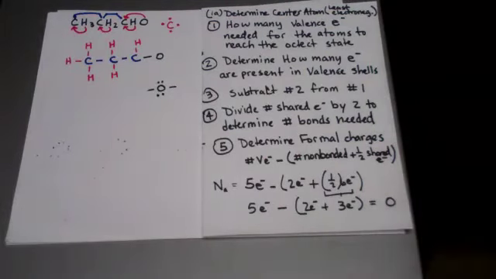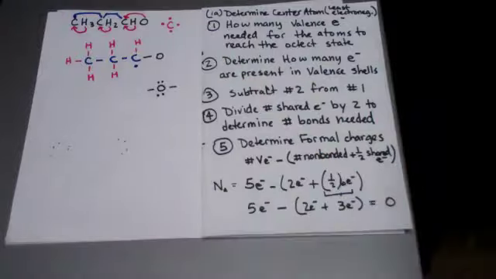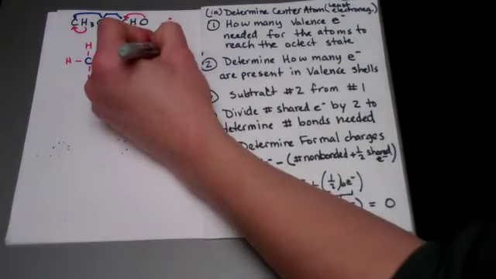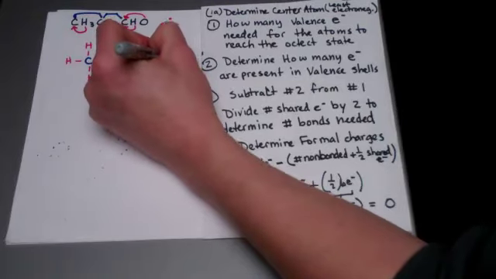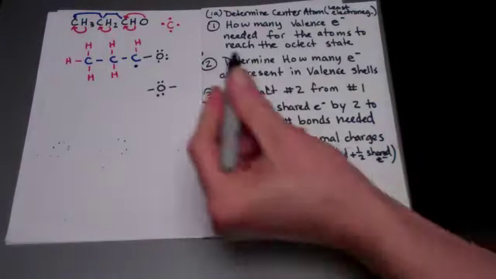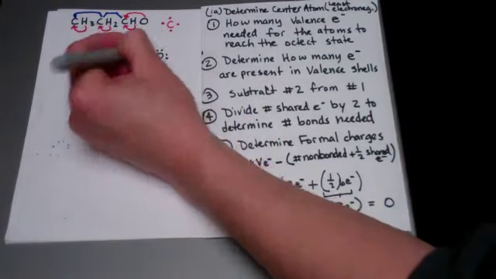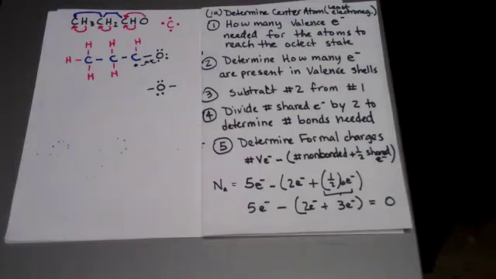So right now, our carbon has an extra electron that it wants to share, and our oxygen also does. It's got those 2 lone pairs, and it also has that extra one. And so this one is going to want to come in, this one is going to want to come in, and you're going to want to form the double bond with that oxygen.